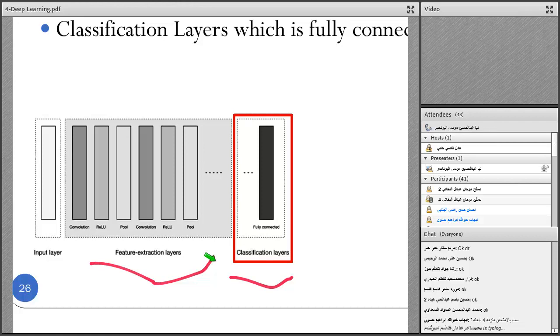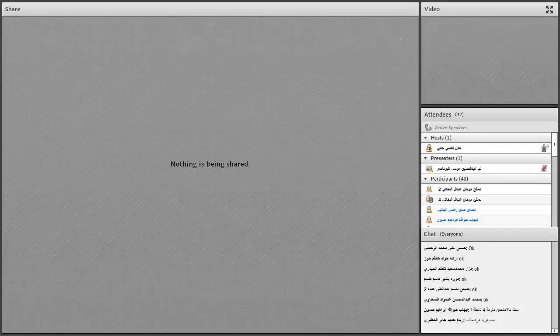So, Doctor, about the mid-term exam. The subject of the mid-term exam will be about the first slide, the slide about classification. Let me show you the first slide.